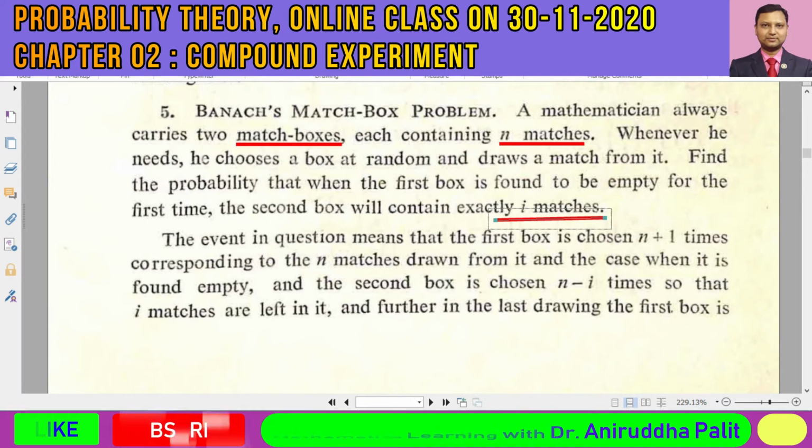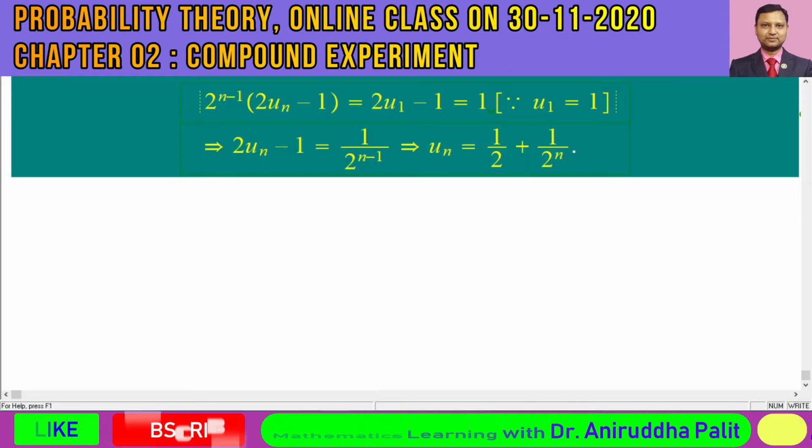Now let us try to understand this problem in a different fashion.